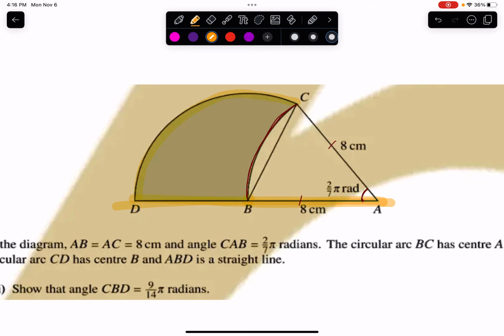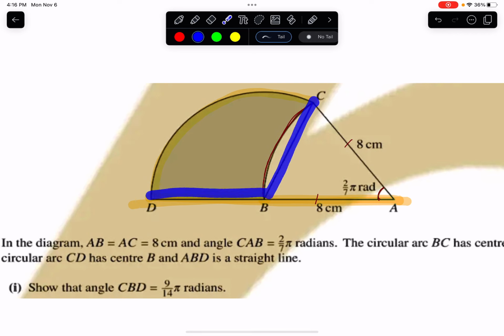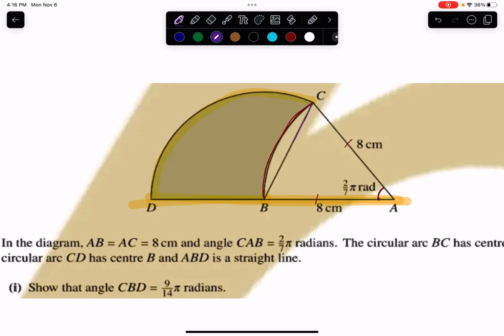It wants us to show that the angle CBD, so from C down to B over to D, this angle right here, show me that this angle is 9 pi over 14.